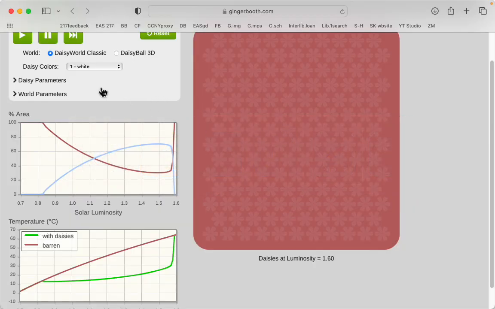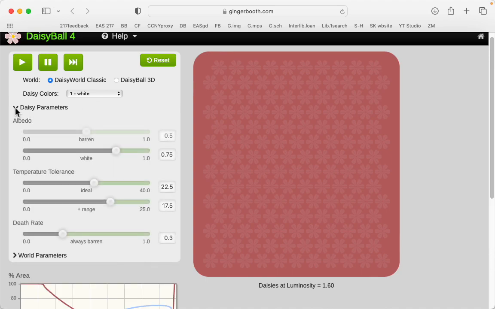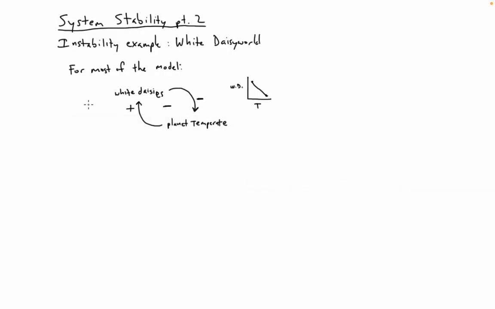So if we look at the parameters here for daisies, we see a temperature tolerance. So their ideal temperature is 22.5 at the moment, and they can grow in a range plus or minus 17.5. But what that looks like is something like this.